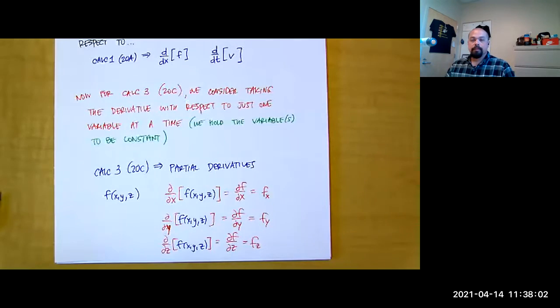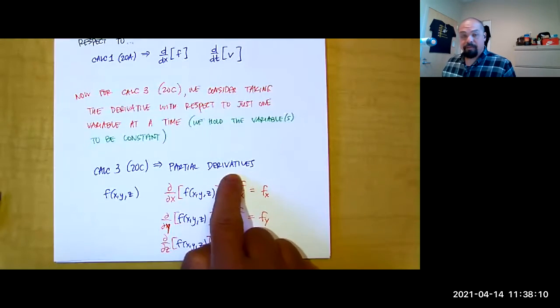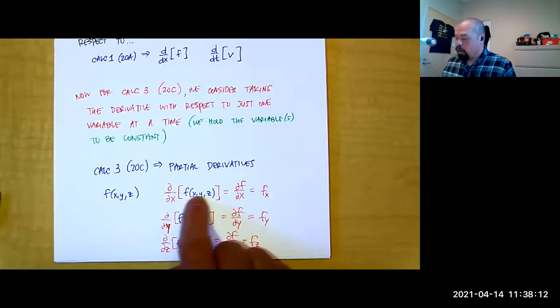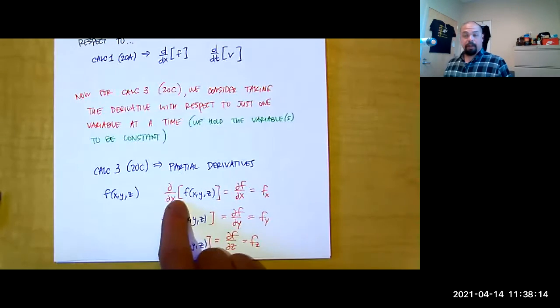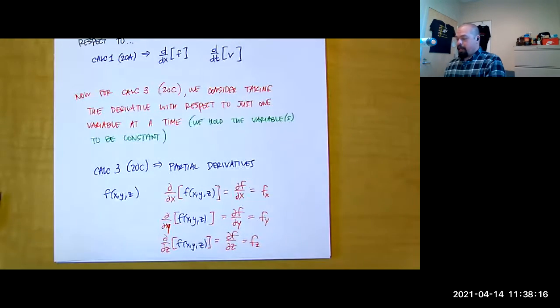Those subscripts, or that curly d notation, identify that we're taking the derivative of this function, f of x, y, z, with respect to one particular variable.